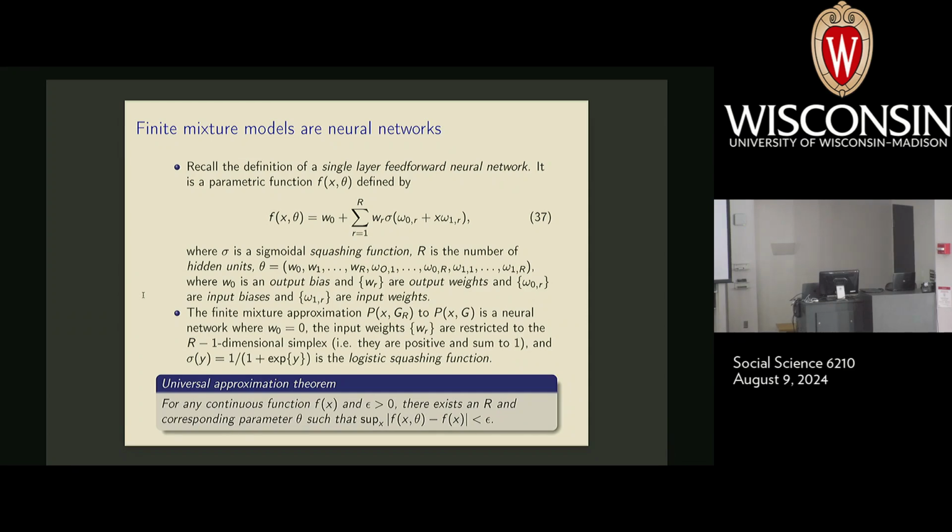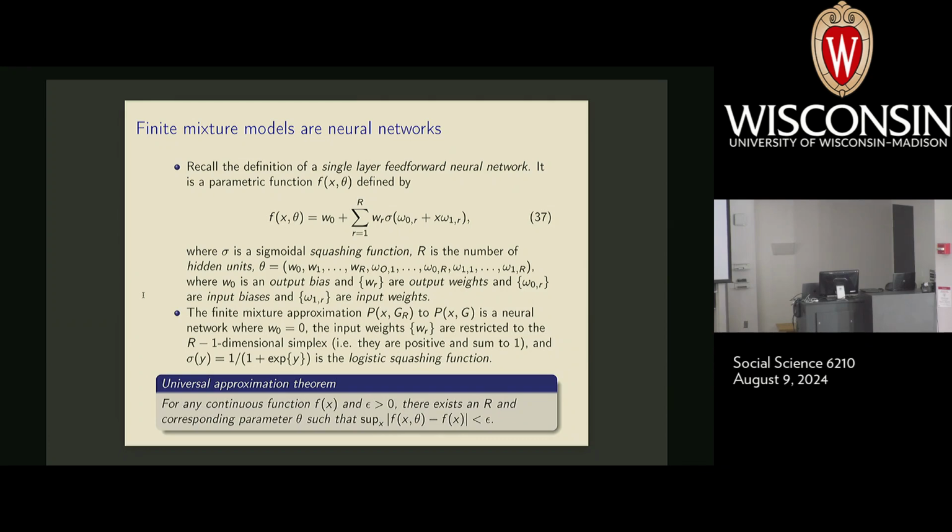First of all, let's just recall what a neural network is. A neural network is really just a nonlinear regression. There's a squashing function, sigma, like a logistic, and there are weights. These are called the input weights. These are called the hidden units. R is the number of hidden units. The w's are the weights on the output.